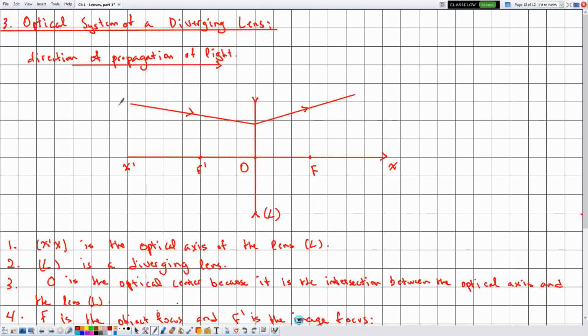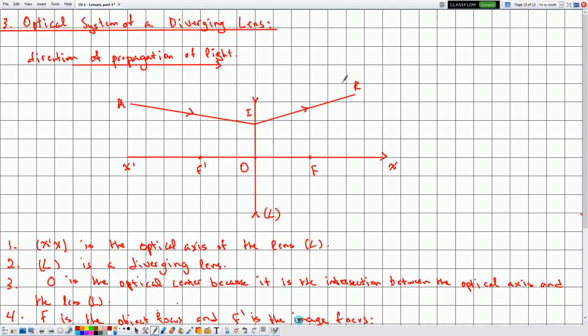Okay, let me label some stuff. This is the point A, this is the point I, and this is the point R. Then we call AI an incident luminous ray because the word incident means hitting the lens and the ray AI is hitting the lens.